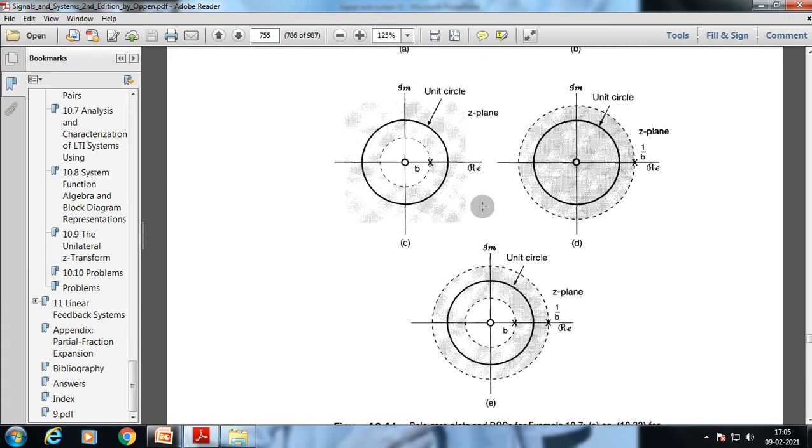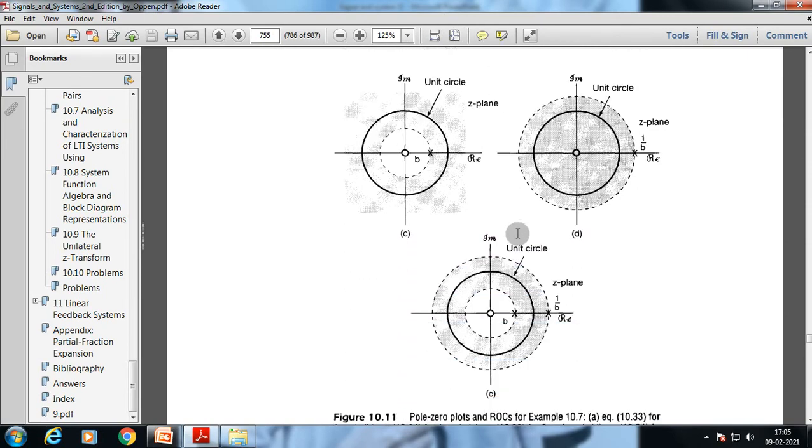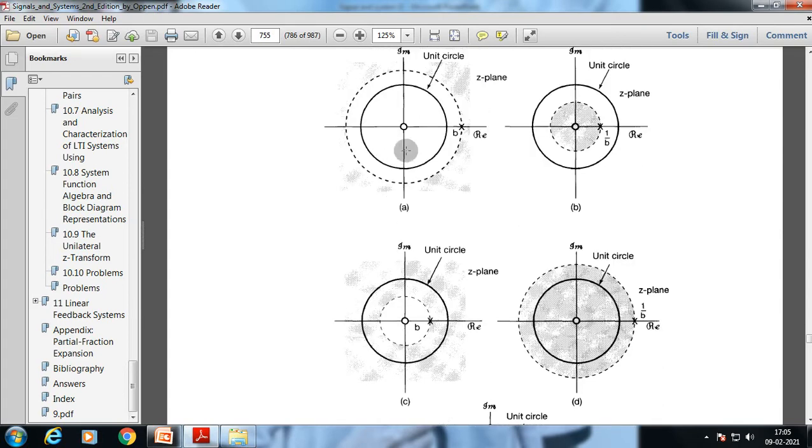If you take a close look at this picture, picture A is showing b greater than 1. As the value of b is greater than 1, this is the unit circle. After that, this is the region of convergence for b greater than 1.